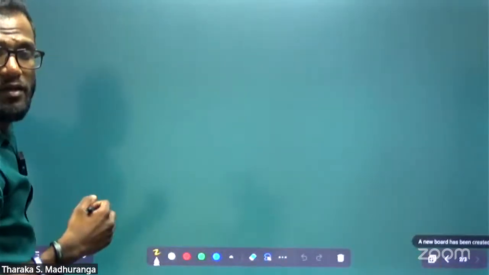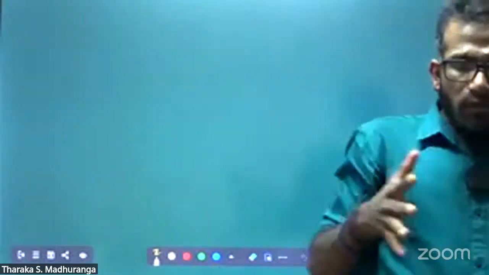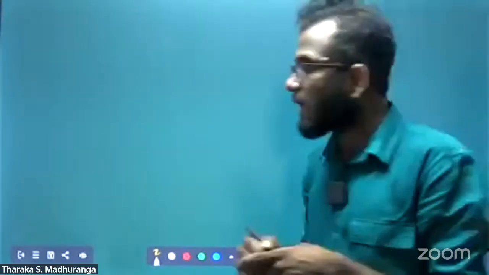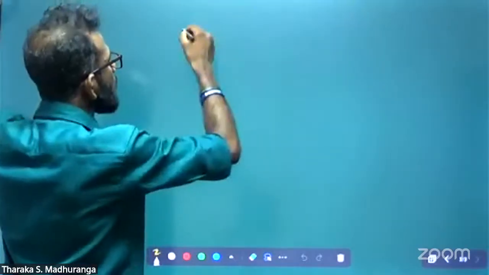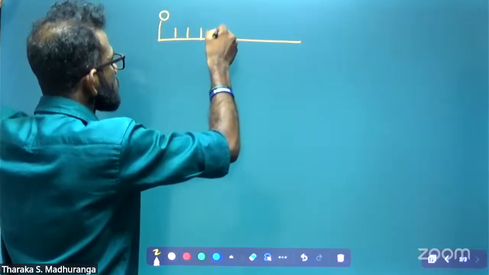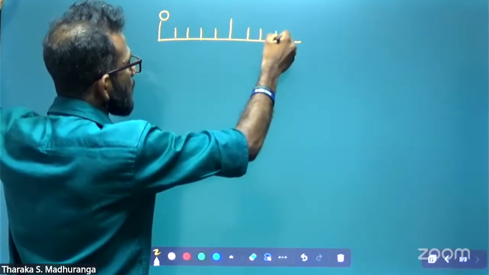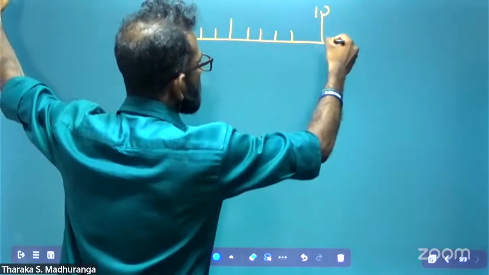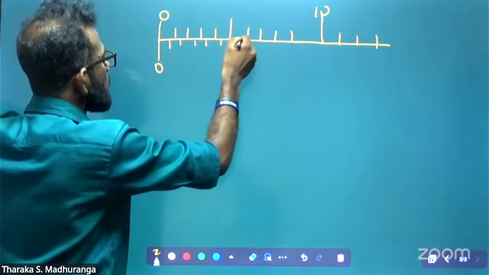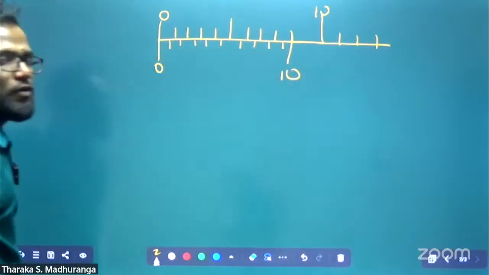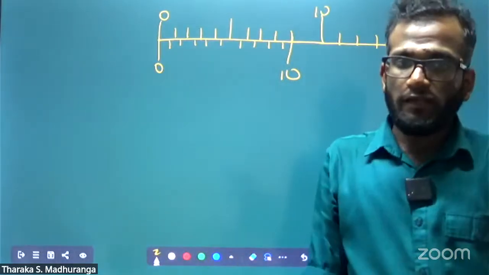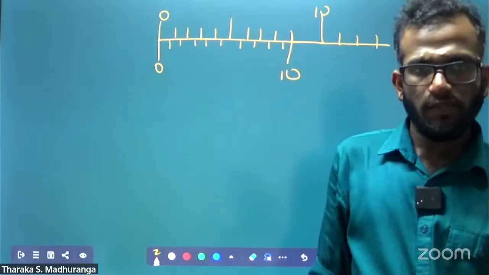Without any object, if we touch together the external jaws of the vernier caliper, if the main scale 0 coincides with the vernier scale 0 like this, I told you this type of instrument doesn't have any 0 error. They are accurate instruments.